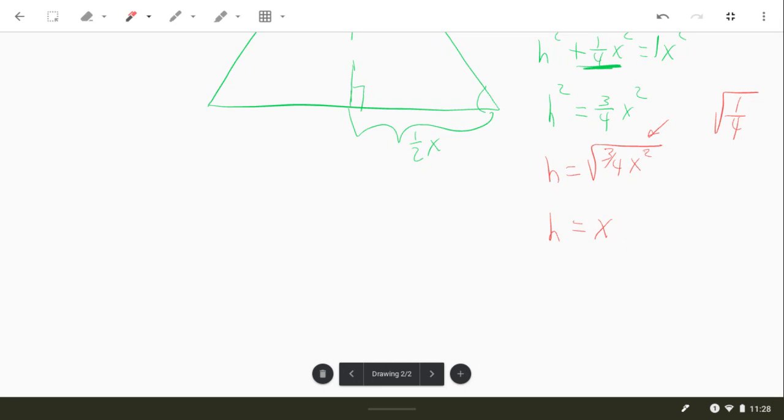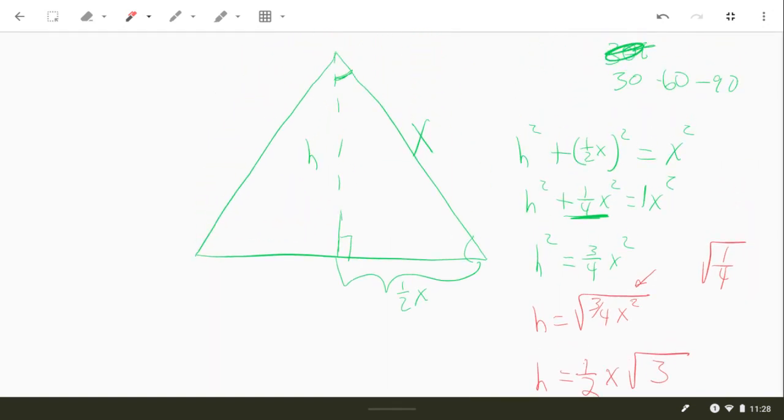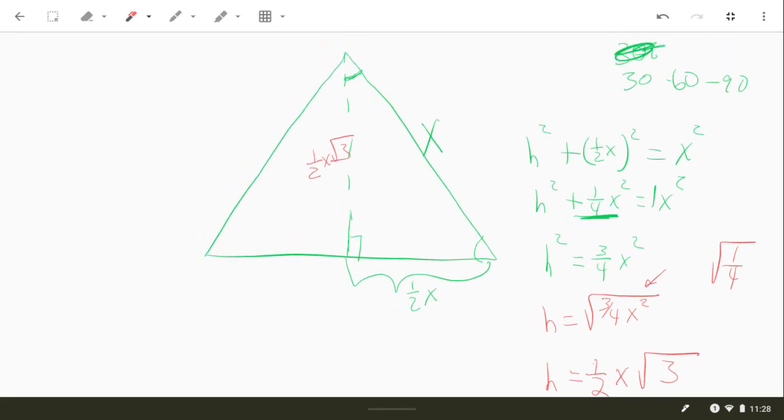When you pull that out of the square root, it's just going to be a 1/2. So there's a 1/2 on the outside, there's an X on the outside, and that square root of 3 is still going to be left on the inside of the radical. All right. So now the height we can express in terms of X. So this height is going to be 1/2 X root 3.